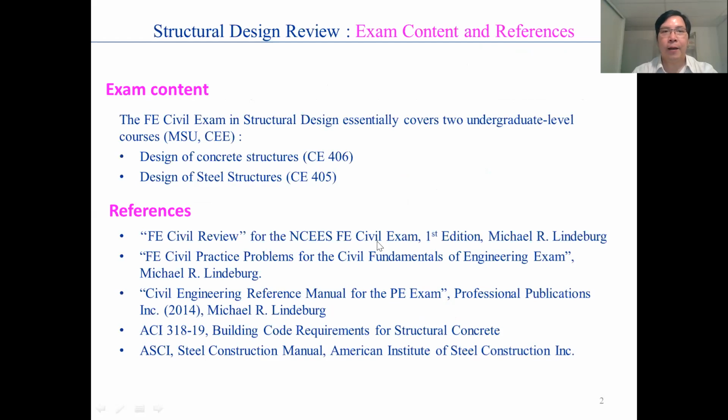In this slide, I present to you the exam, content, and reference. This course covers two undergraduate level courses of MSU and CEE. The first course is the design of concrete structure, and the second course is the design of steel structure.